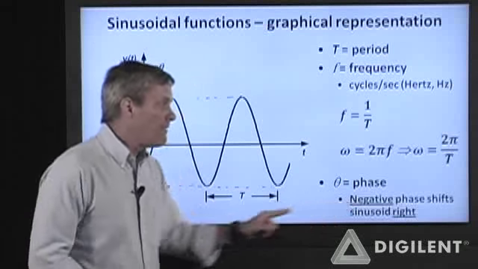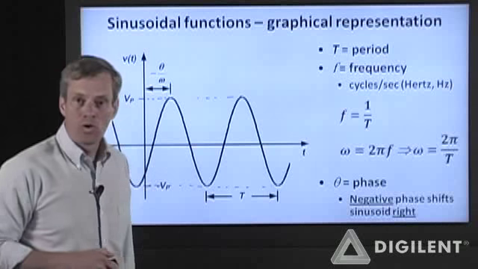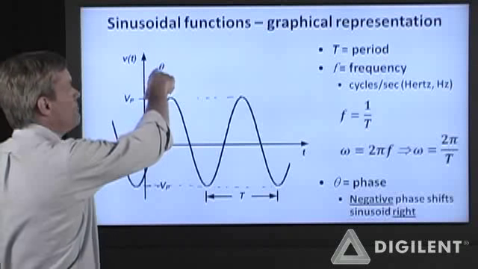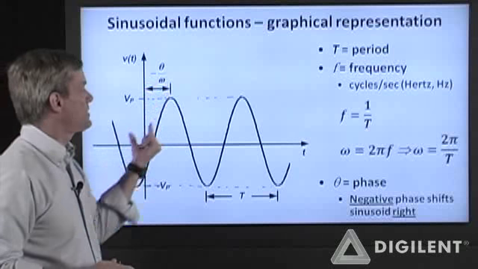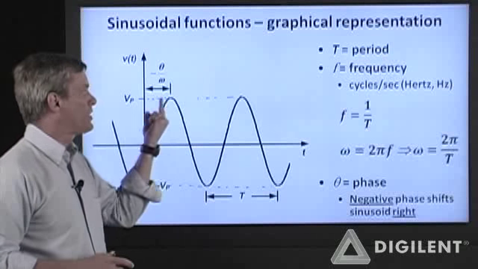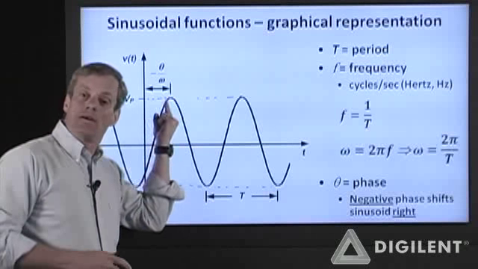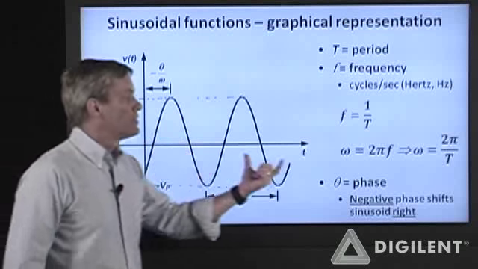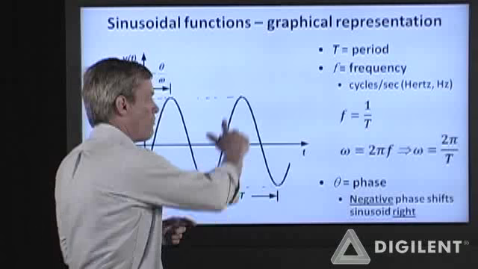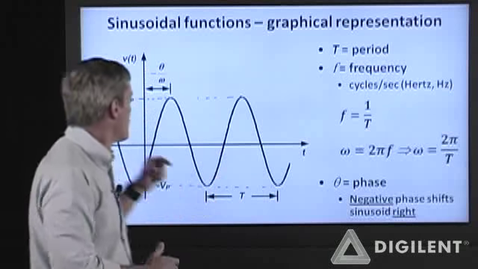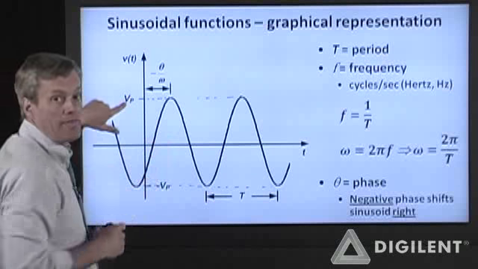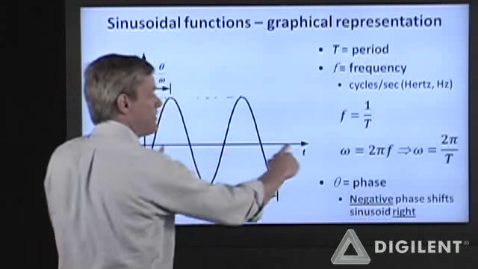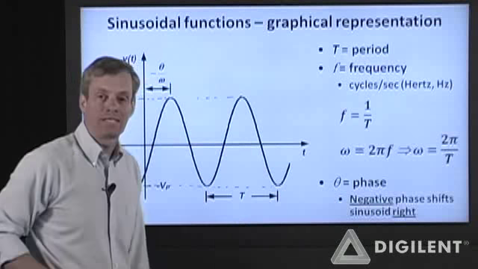A negative phase shifts the sinusoid to the right. And in fact, the shift here is going to be minus theta over omega. This gives me a time at which the cosine's peak is represented on the time axis. Okay? So omega gives me the rate at which this is oscillating. Vp gives me how high the sinusoid is, and theta or phase tells me where this sinusoid is along the time axis.